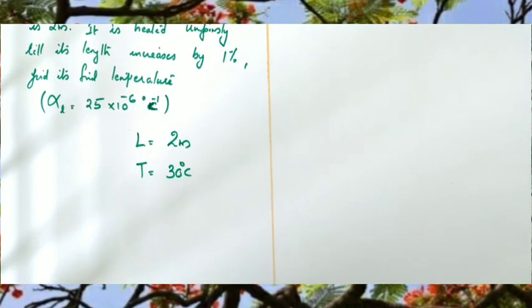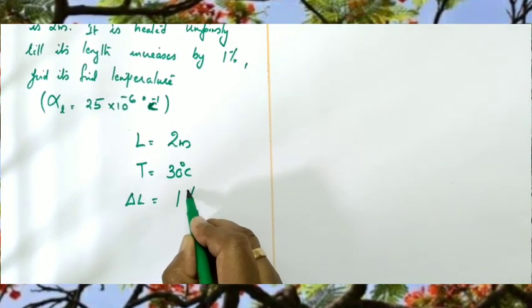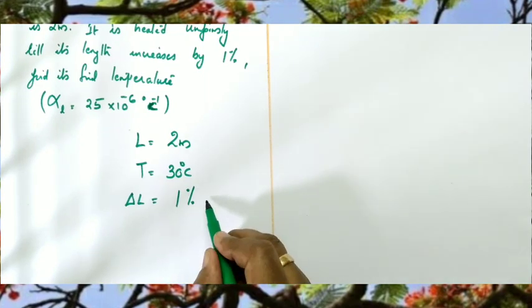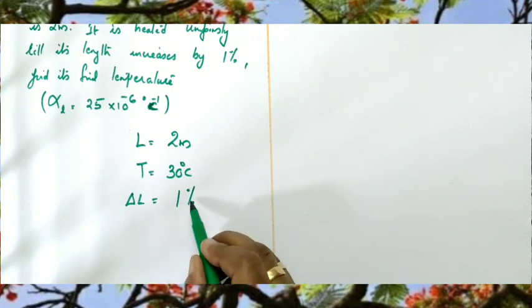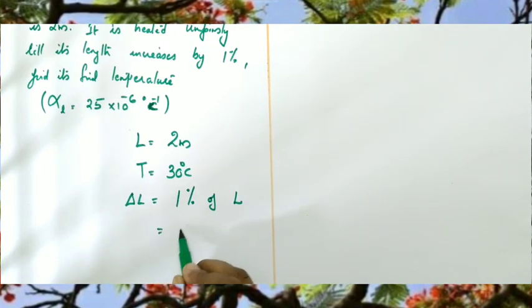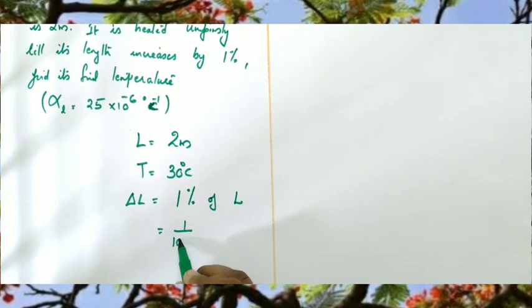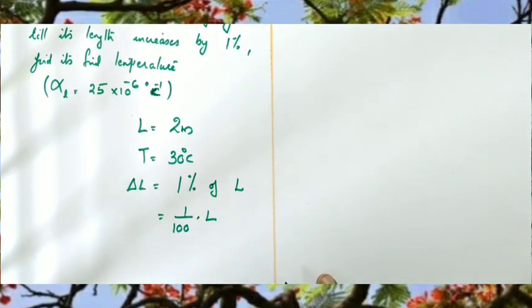So the increase in length delta L is 1% of the original length, which is 1 by 100 of the original length L. We have to find out the final temperature.